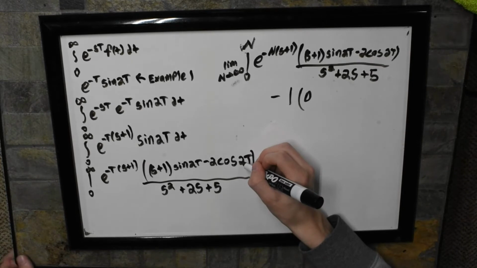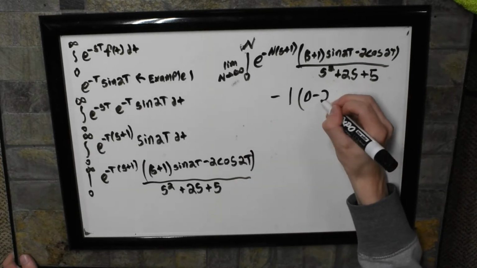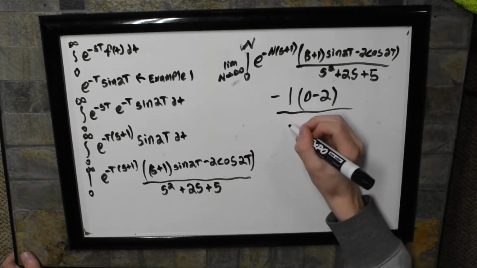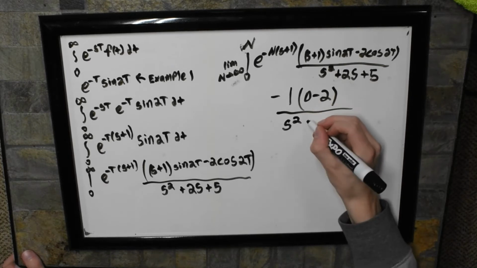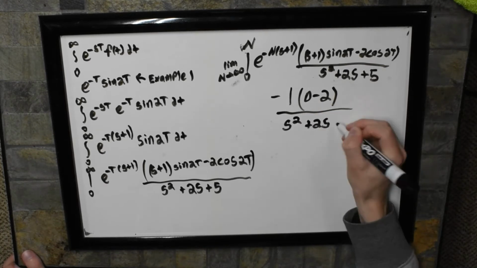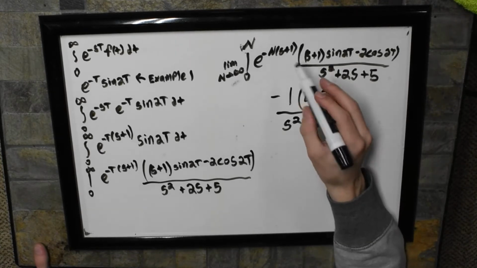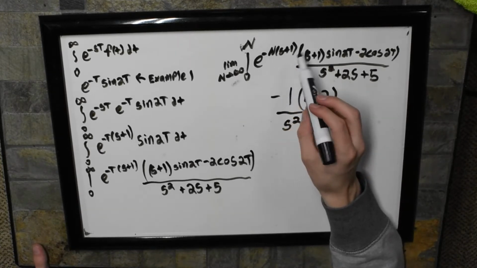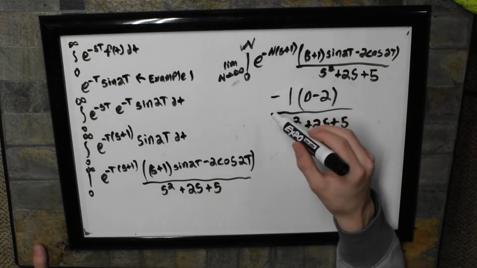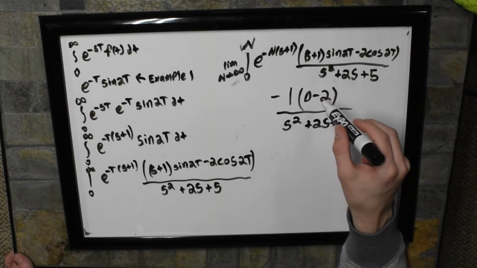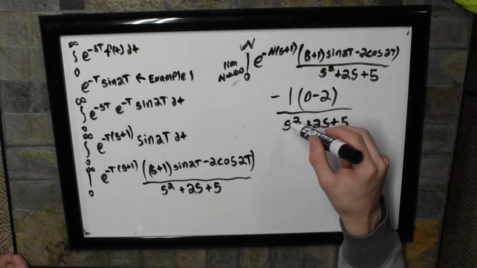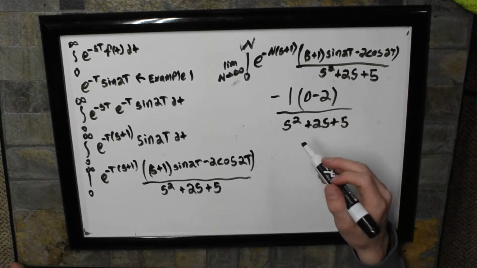Cosine of t here is going to equal 1, so negative 2 over s squared plus 2s plus 5. And now we are left with e to the negative n times s plus 1 times this, minus 1 times negative 2 over s squared plus 2s plus 5.